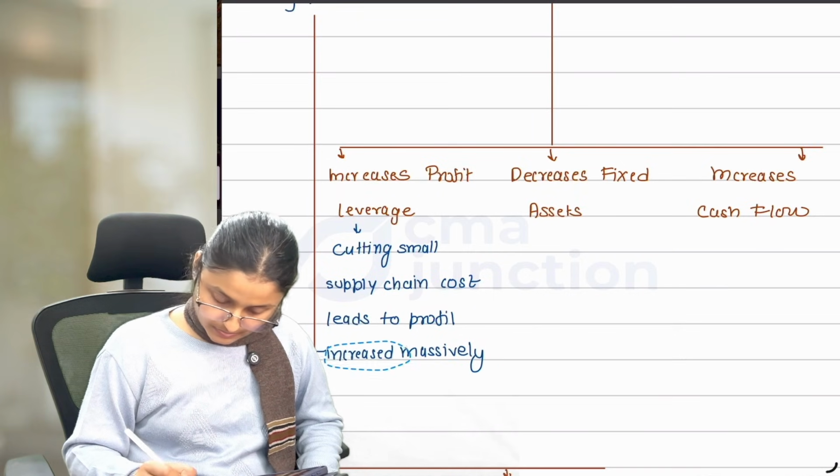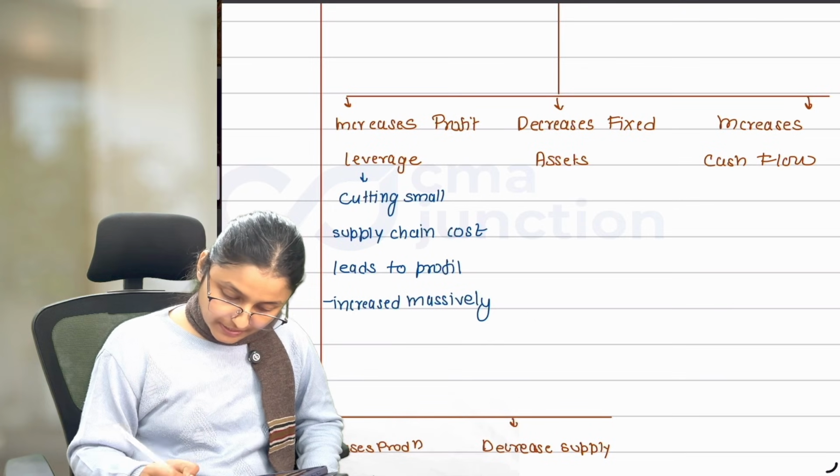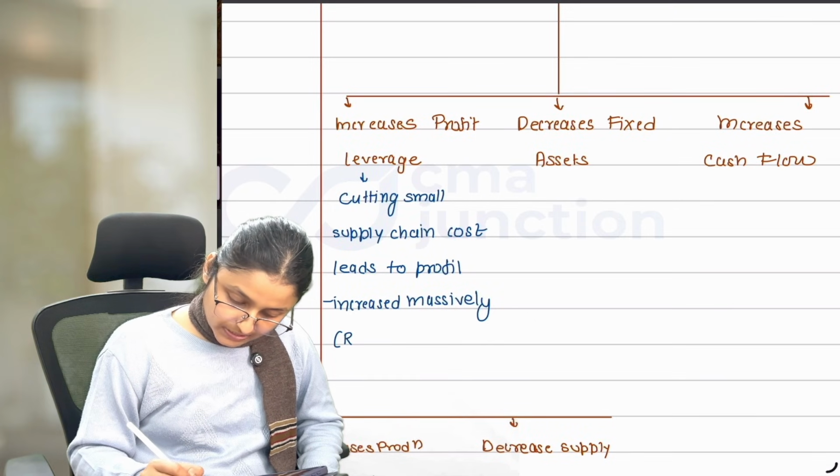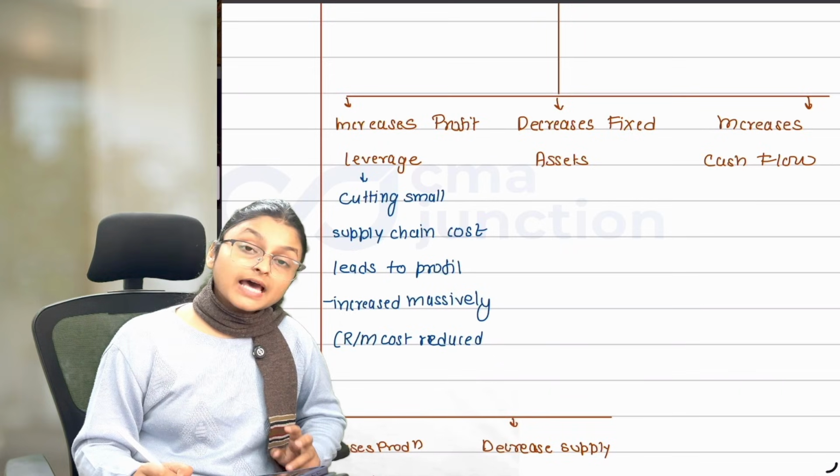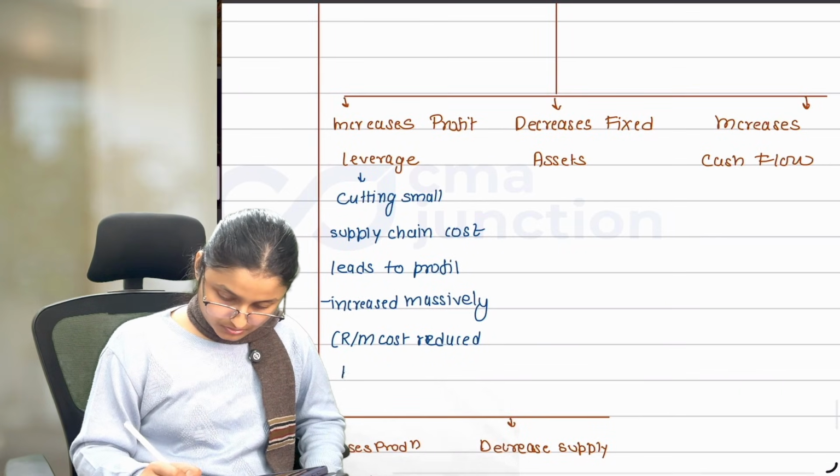Now, we have taken example of raw material cost reduced by 0.2 per unit. Was able to reduce around 20 lakh rupees in raw material.